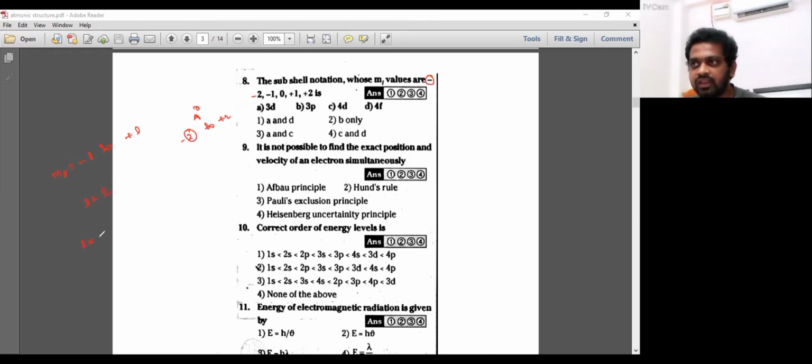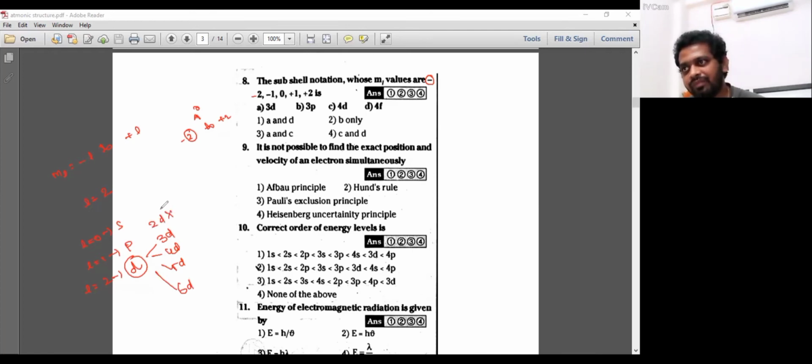If L is equal to 0, that is S subshell, L is equal to 1, P subshell, and L is equal to 2, that will be D subshell.